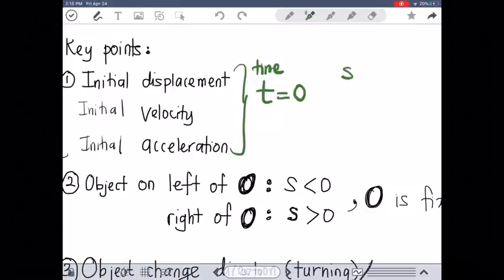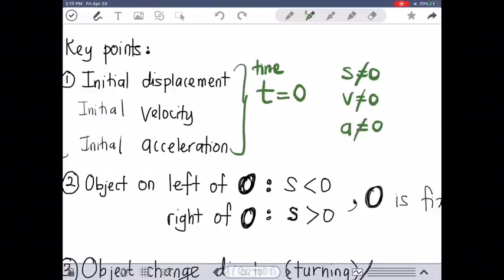We cannot confirm that S is equal to 0, that v is equal to 0, or that a is equal to 0, because at the initial point an object can start slightly further from the fixed point O. It can start maybe 20 meters from fixed point O. So at initial displacement, we cannot guarantee that S equals 0, and the object doesn't have to start on O, the fixed point.